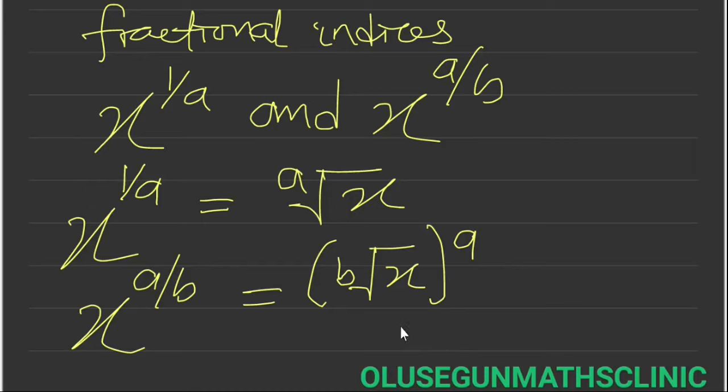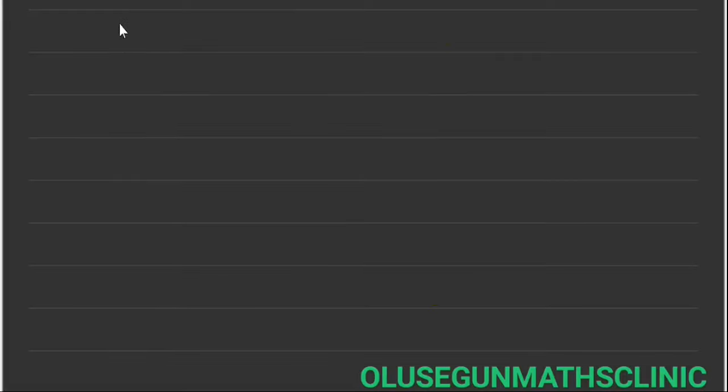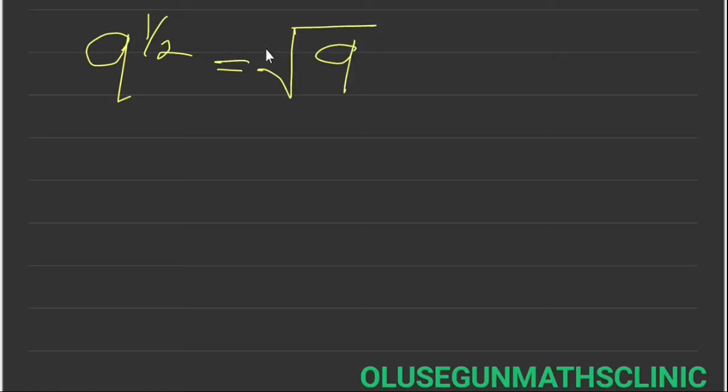We have two forms. So now, let's have an example based on these two laws. So let's start. For example, we're given 9 raised to power 1 over 2. According to the law, you have root 9, where 2 is silent; if it is 3 you will write it, it must be greater than 2 before you write it.